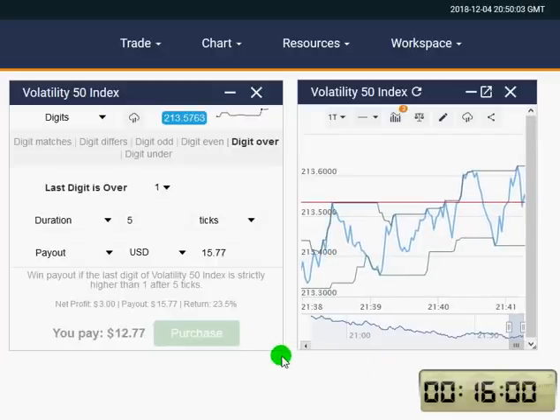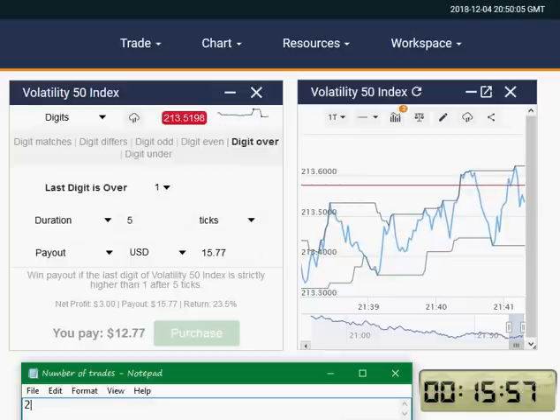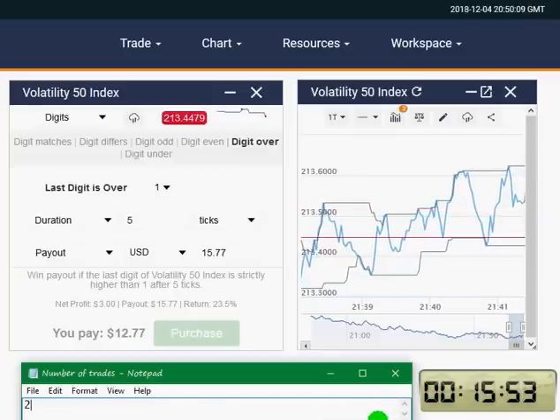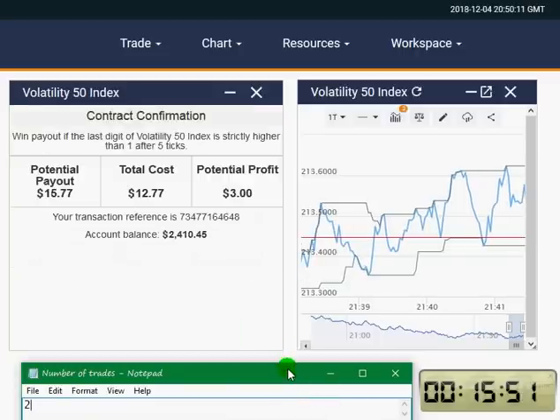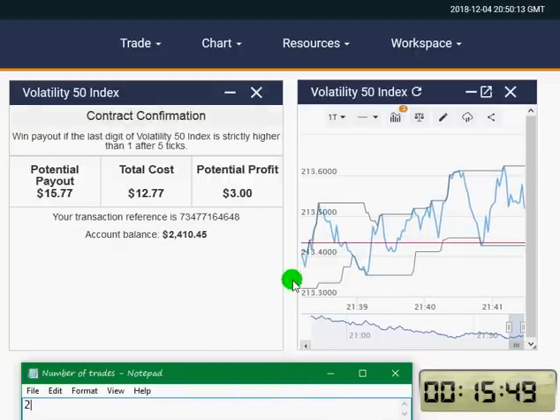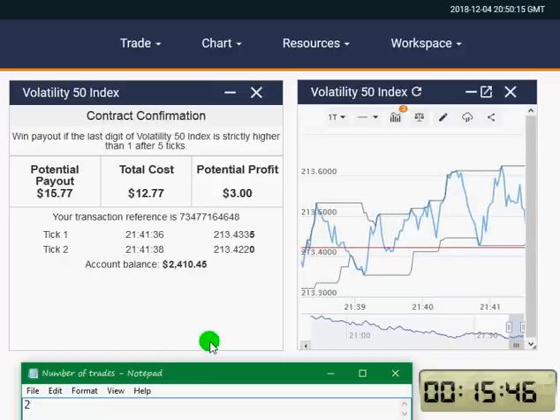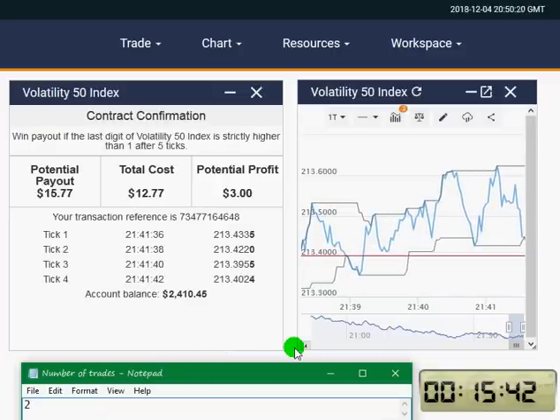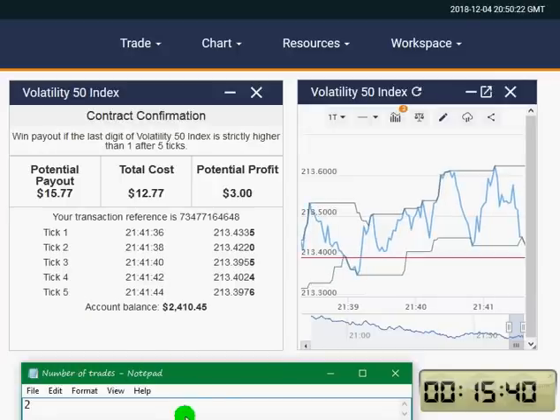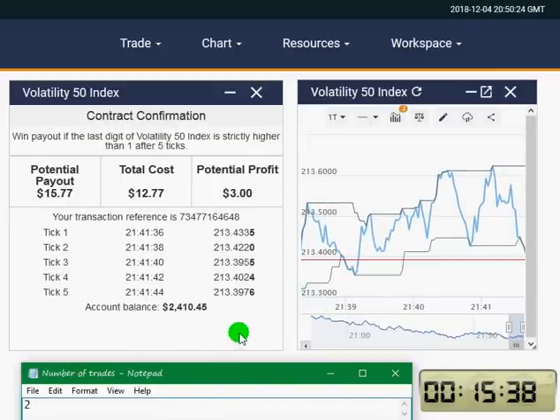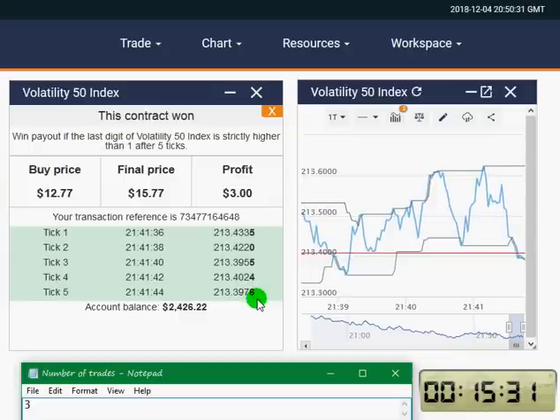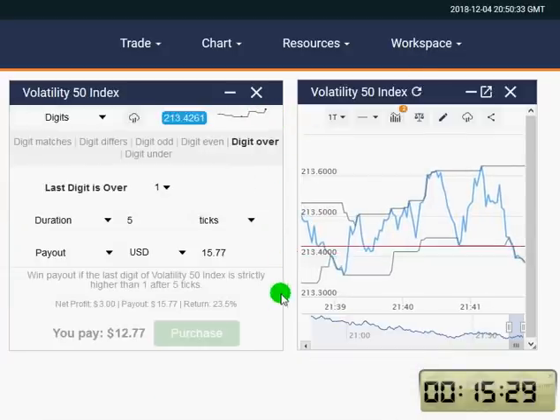I see it's a bit slow because of my network. It's moving again. The network is a bit slow. So that's the second trade. We won the second trade. So we're going to make the third trade right now. Network is slow.